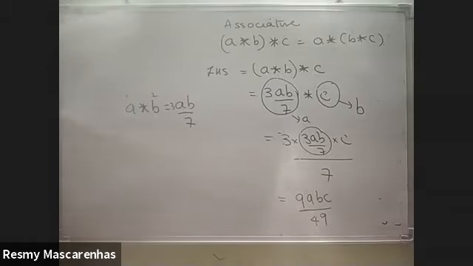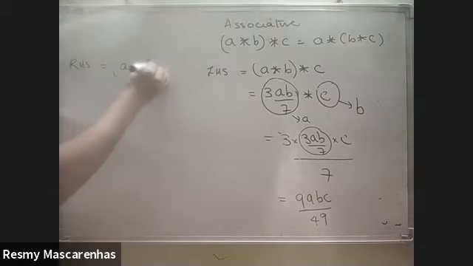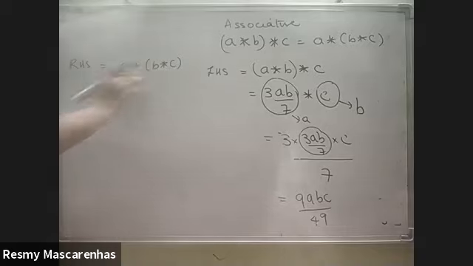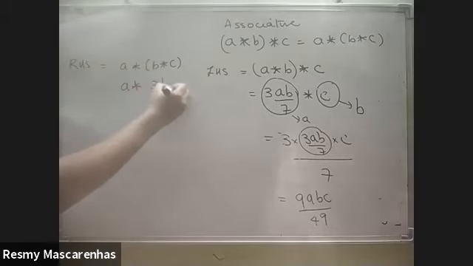Now we'll solve the right hand side part. Now B star C we have to solve first because this is the bracket first here. So this is like your A and B. As per that formula, it will be 3BC upon 7. At least this part should be simple enough.